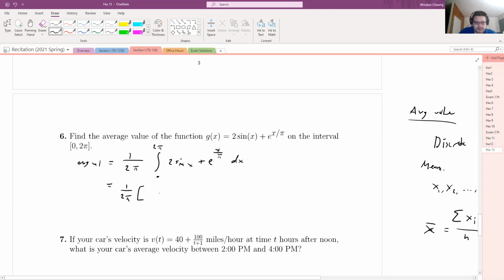Integrating that, this is going to be minus 2 cosine of x. And I want to say something about this exponential. In the previous half of the homework, we would have treated this as a u substitution problem, because the inner function is this x over pi. You would relate this to e to the u using u equals x divided by pi, and go through u sub.